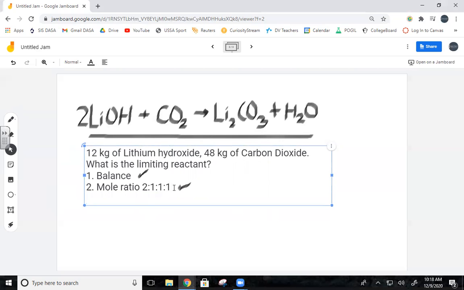Okay. Now what? You're on the right track there, Leighton. Molar mass. So what's the molar mass going to be of these things?